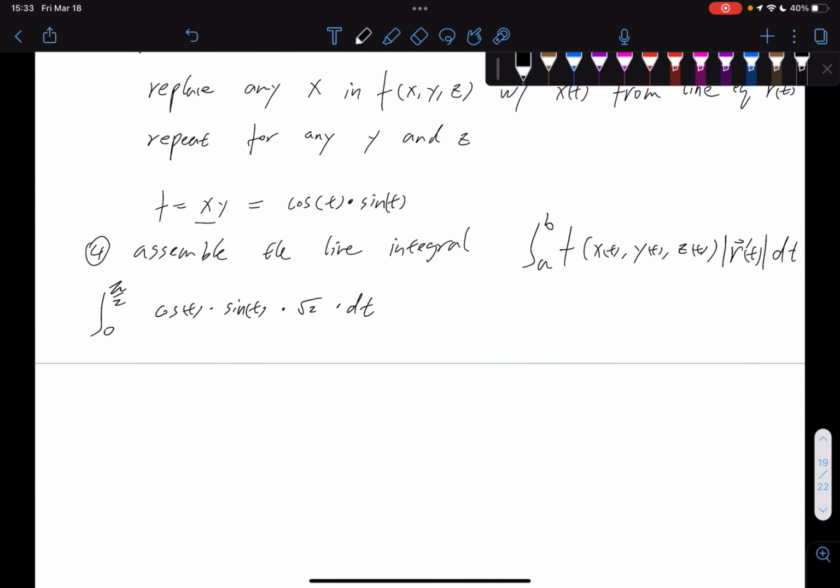You can use a trig identity if you want, but I don't think many people will memorize that trig identity, but it's no problem if you don't. We can use u substitution as well. So let u equal sine of t, then du is cosine of t dt, so dt equals du over cosine t.